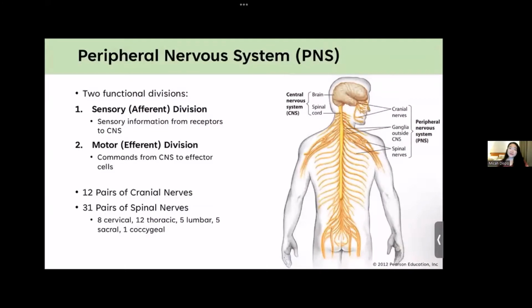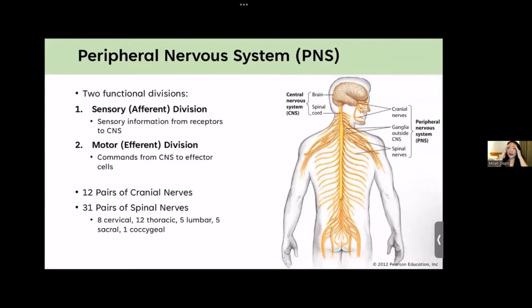So now let's go to the peripheral nervous system. So essentially, our peripheral nervous system consists of nerves and glial cells that lie outside of our brain and our spinal cord. So our peripheral nervous system has two functional divisions. You have your sensory division and your motor division.